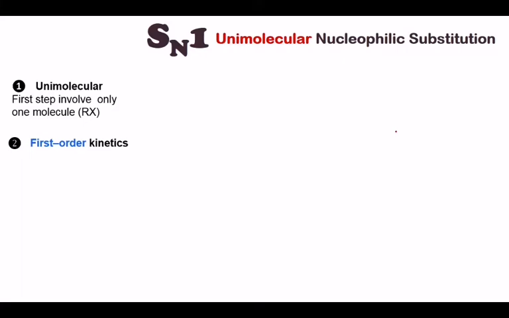Alright, so now we go to the SN1 mechanism, or the name is unimolecular nucleophilic substitution. Why unimolecular? Because the first step involves only one molecule, which is the haloalkane. So it is first order kinetics.